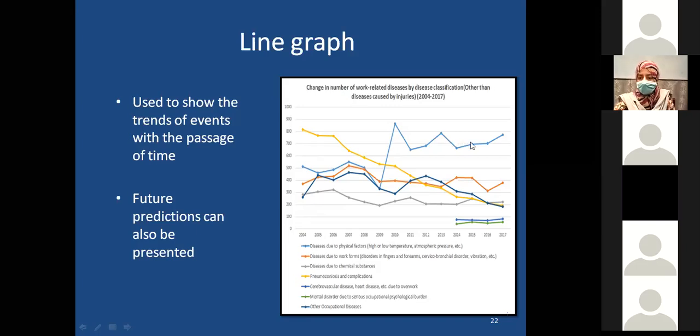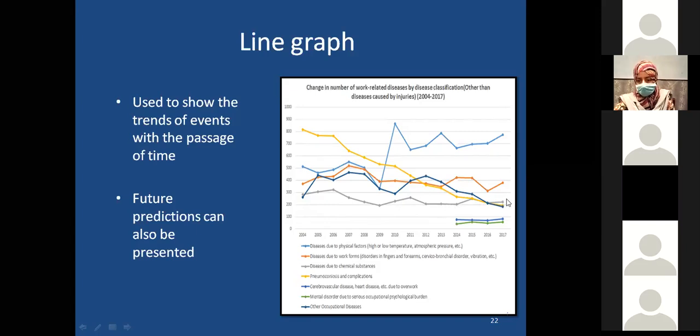Okay? And then the trend is variable from there on. Now we can see that this gray shade is diseases due to chemical substances, which has always been on a lower side.